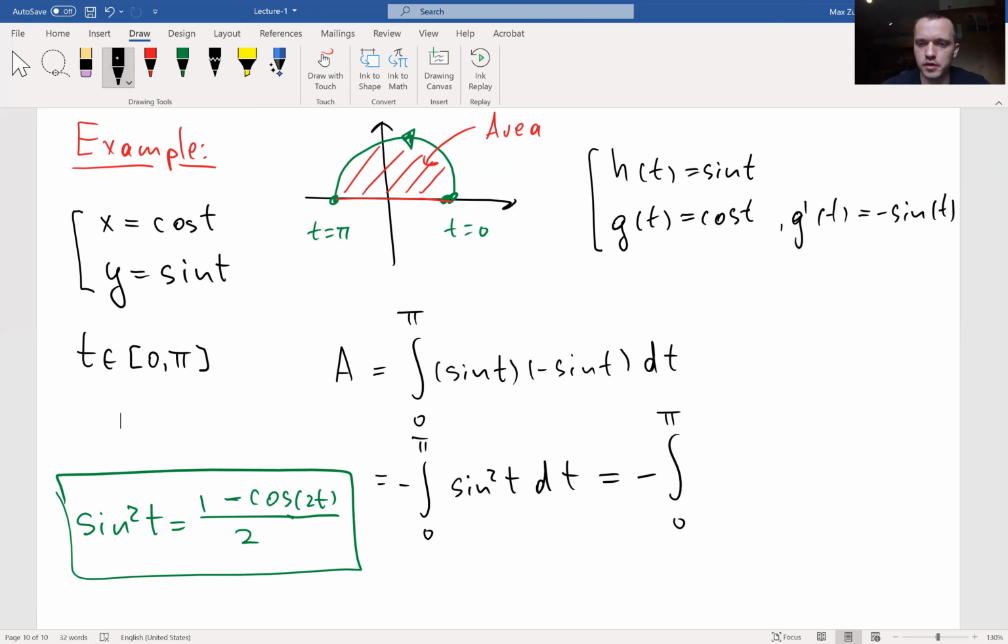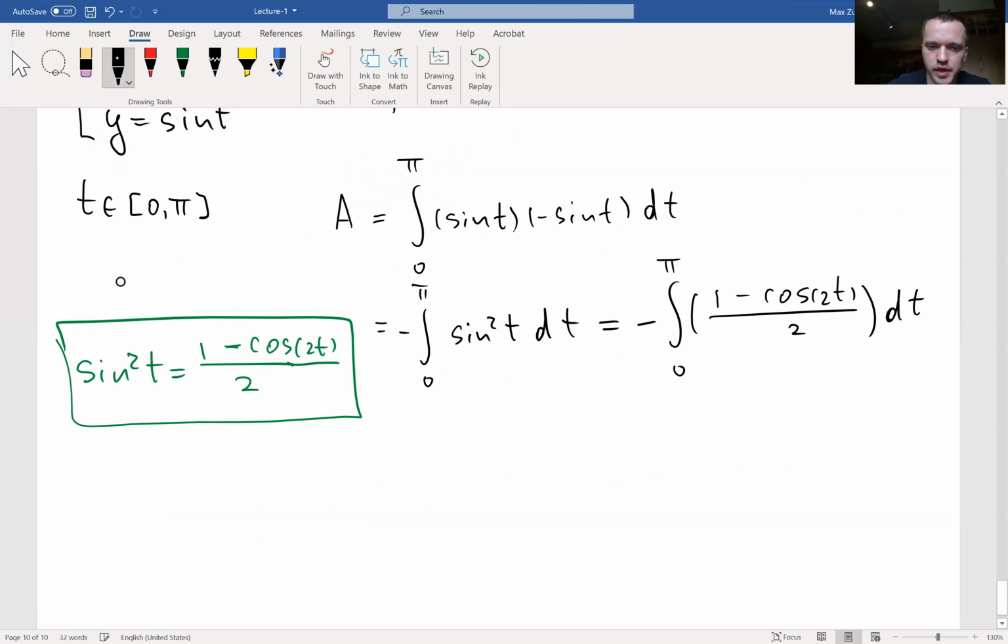So then what I'm going to obtain is 1 minus cosine 2t divided by 2 dt. So that is equal to minus the integral between 0 and pi. And I'm going to split this fraction. I'm going to have 1/2 minus 1/2 cosine 2t dt.